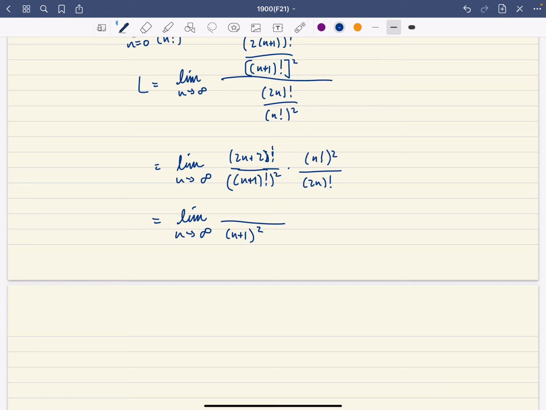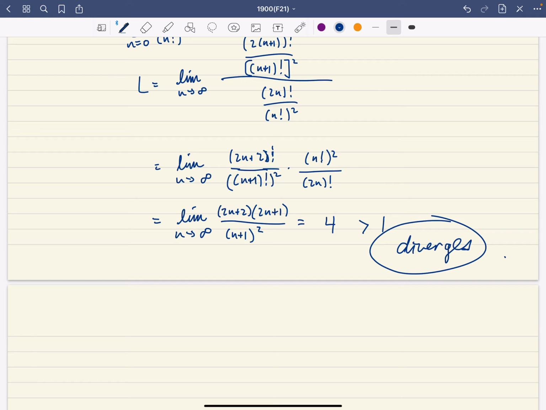Because we're squaring those, we're going to have an (n+1)^2 in the denominator. (2n+2)! over (2n)! is going to be (2n+2) times (2n+1). It turns out that this limit is going to be 4. That's bigger than 1, and therefore the series diverges. So that's how we can apply the ratio test to talk about this series as well.